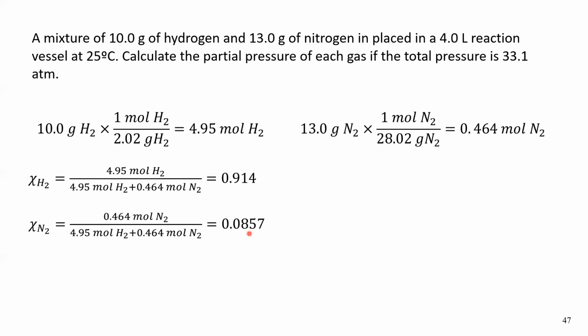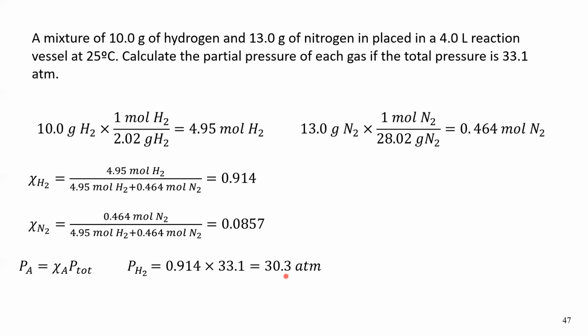So now that we know the mole fraction for hydrogen, we can figure out the partial pressure for hydrogen gas because we have the total pressure of 33.1. So we would take the mole fraction for hydrogen and multiply it by the total pressure exerted by the gas. And that would give us the partial pressure of the hydrogen gas.